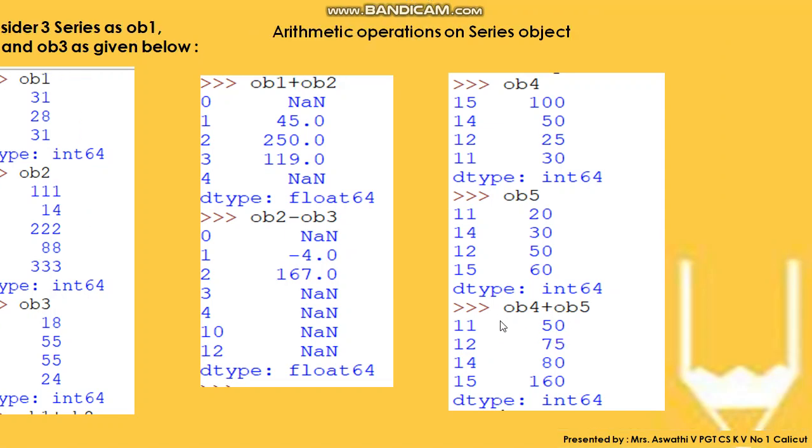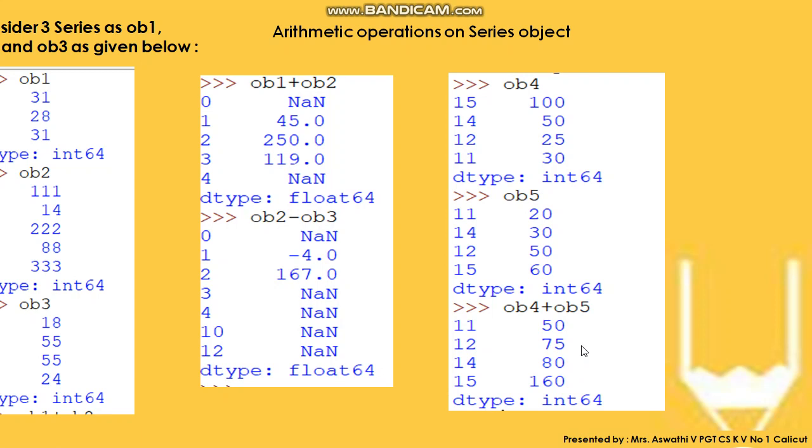Values are added, isn't it? Whichever are the index values here, for 11 it is 30 and 20, so the answer will be 50. Then for 12, it is 50 here and 25 here, so 12 is 75. For 14, 30 and 50, so the answer is 80. And for 15, it is 60 and 100, so 160.